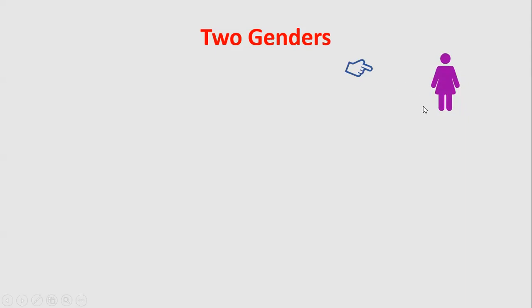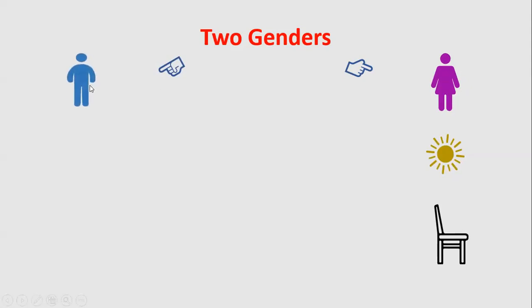So when I say feminine, any word in Arabic could be feminine or masculine. So the sun is feminine, and also the chair is feminine. The other gender is masculine. So the moon is masculine and the door is masculine.